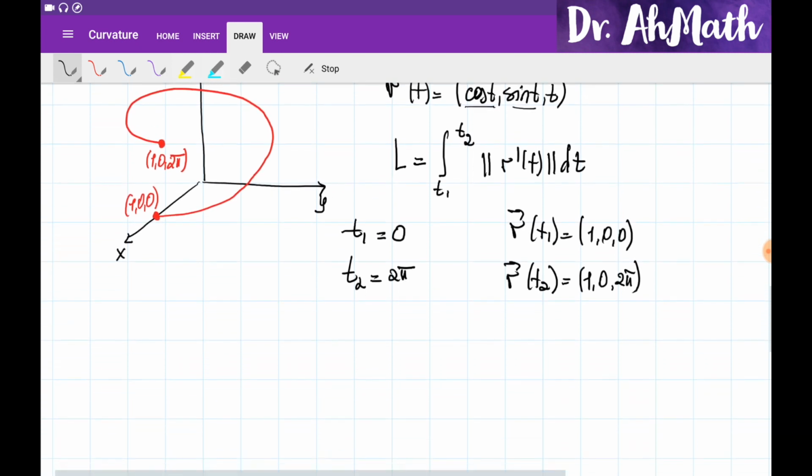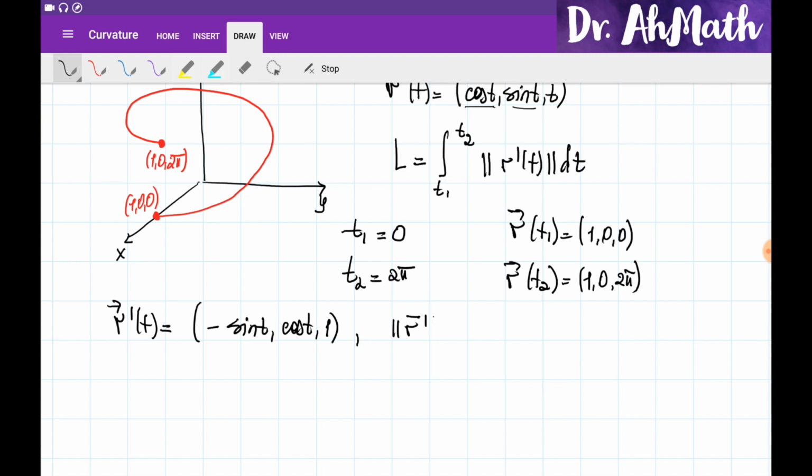So basically now I need to find r prime of t. The derivative of this curve is going to be again a vector valued function with the components minus sine of t, cosine of t, and 1. So its norm is going to be the square root of the square of the first component, sine squared of t, plus the square of the second component, cosine squared of t, plus the square of the third component, which is simply 1.